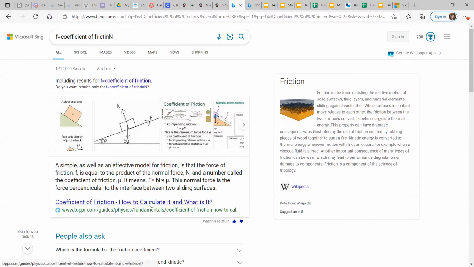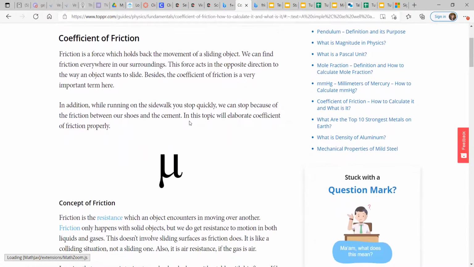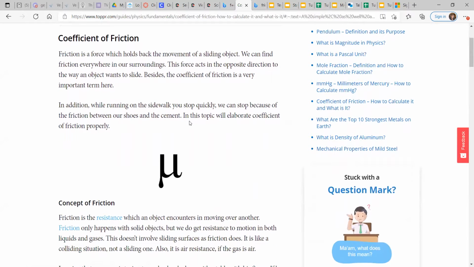So here we can explain the coefficient of friction.